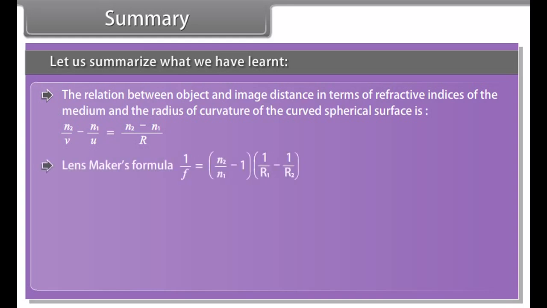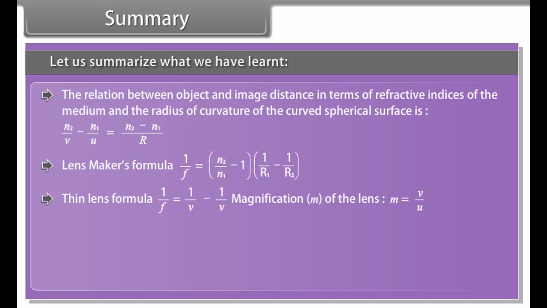Lens maker's formula is this. Thin lens formula is this. Magnification M of the lens, M is equal to v upon u. Power of a lens, P is equal to 1 upon f in meters, diopter D.